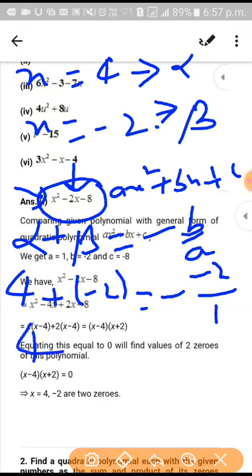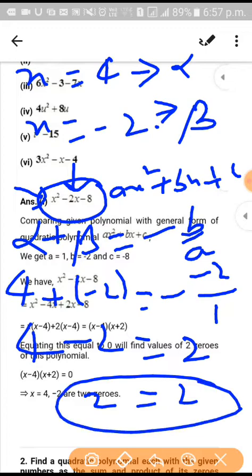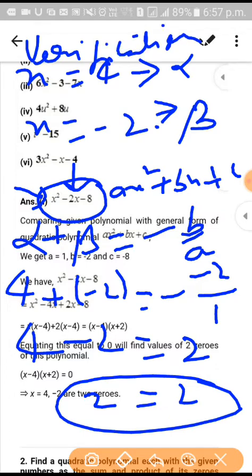So 4 plus minus 2 equals minus of minus 2, that is 2. So 2 is equal to 2. So alpha plus beta is equal to minus b upon a. This is the verification, and this is for the sum.